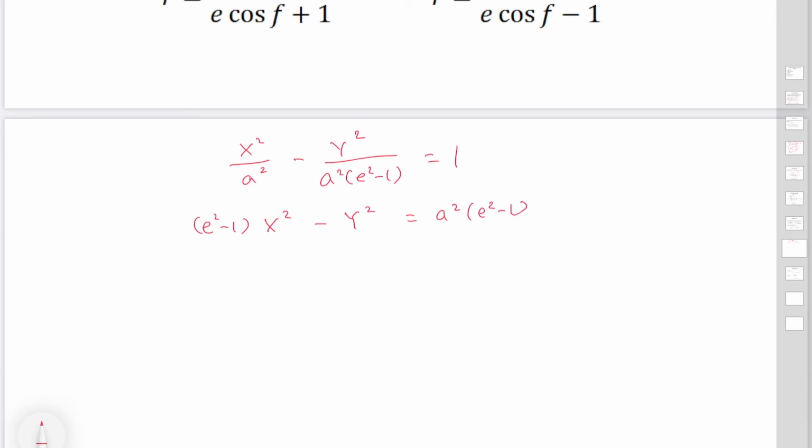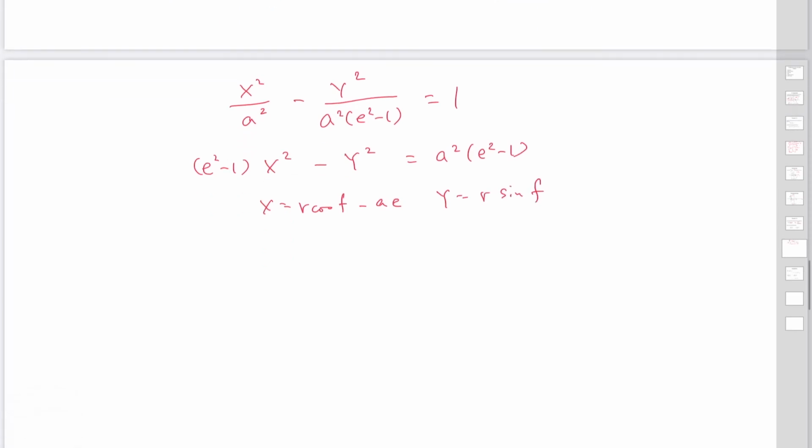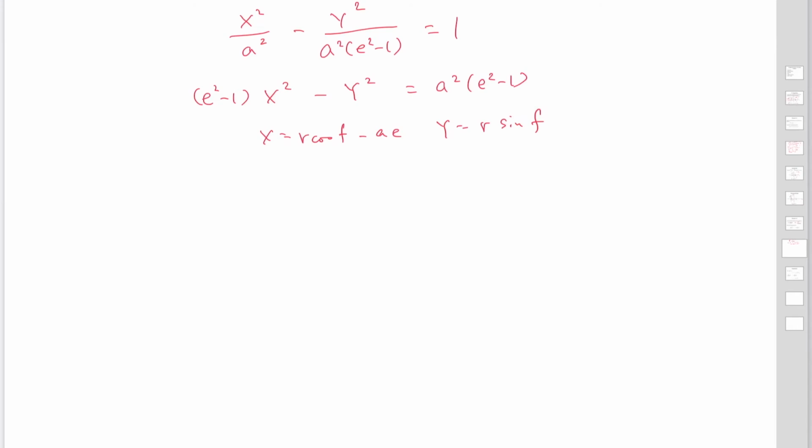Then you can substitute x equals r cosine f minus a, y equals r sine f. Then it becomes (e squared minus 1)(r cosine f minus a) squared minus r squared sine squared f equals a squared (e squared minus 1).